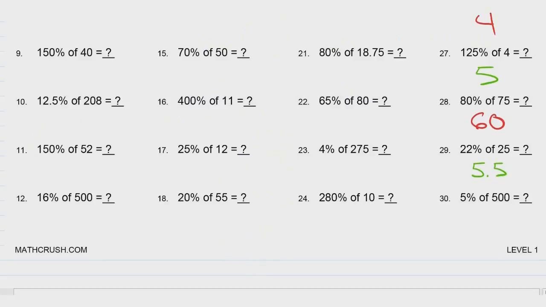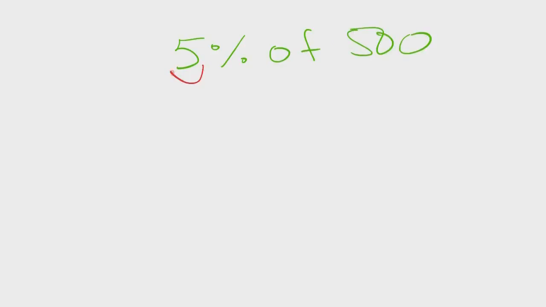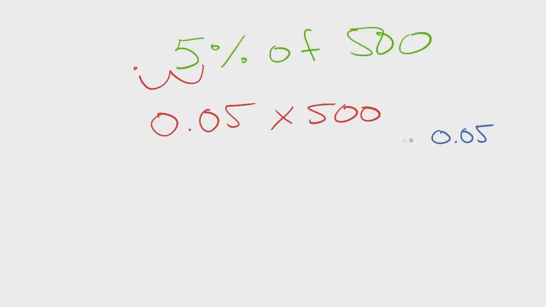Last problem, 5% of 500. I can move the decimal 2 spaces to the left, so we get 0.05. Of is multiplication, 500. So we just rewrite this really quick. 0.05 times 500.